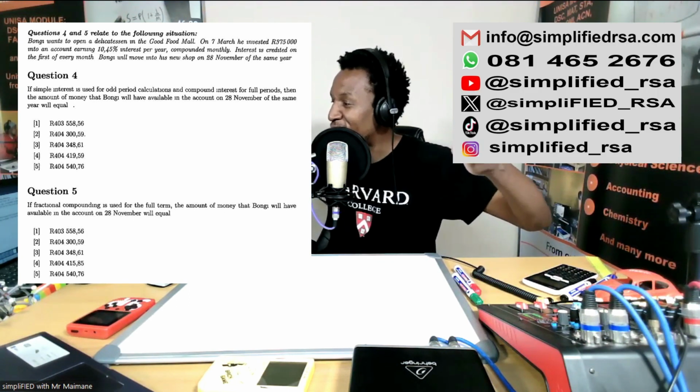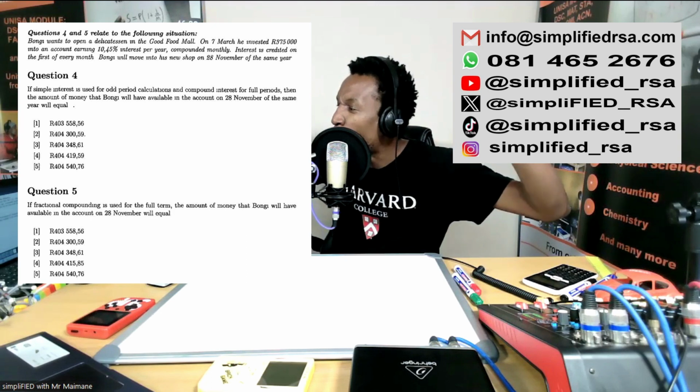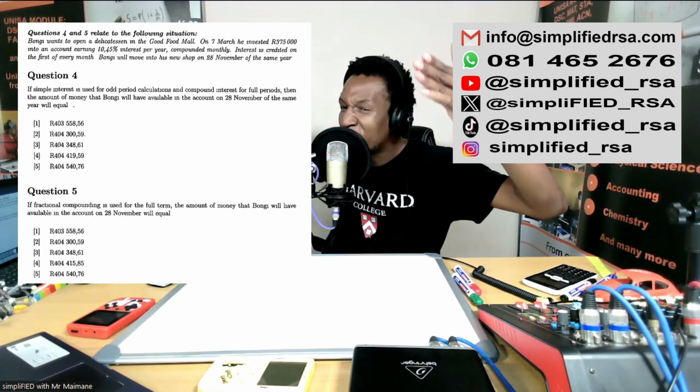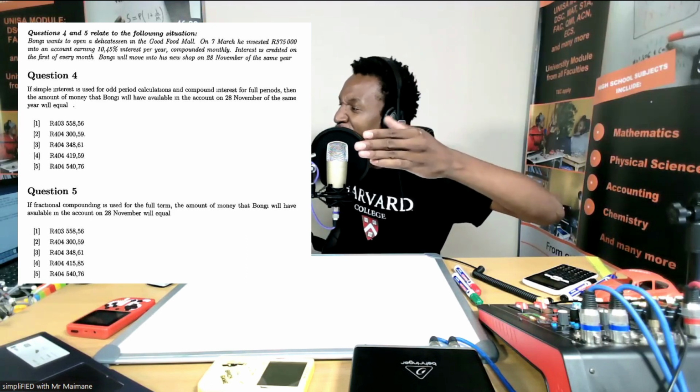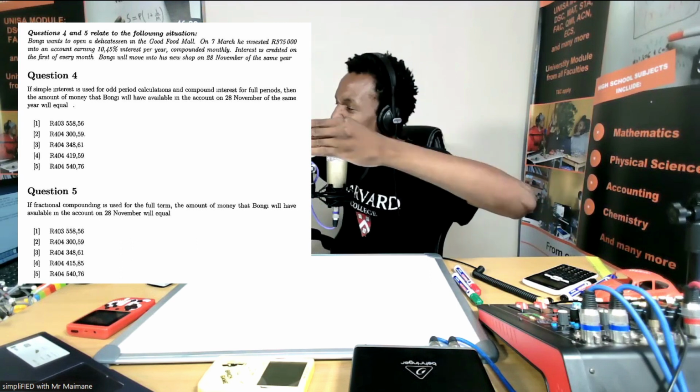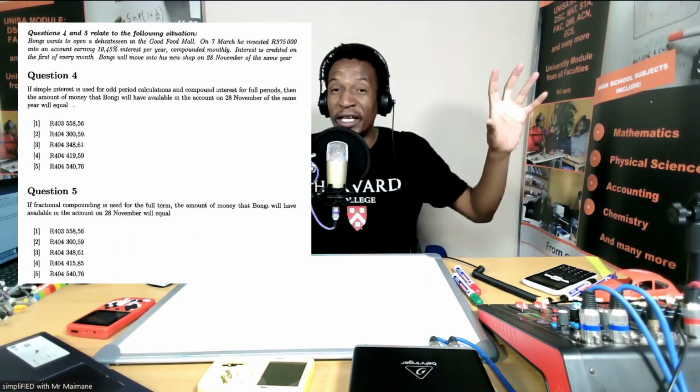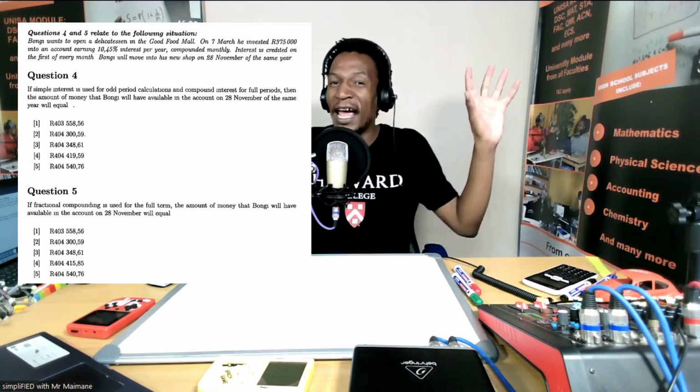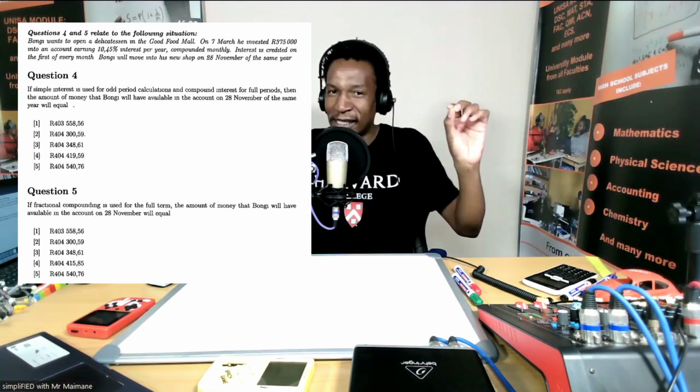They want to know how much that money is going to be if we use simple interest to calculate the odd period, and then we use compound interest to calculate the full period, meaning we have odd periods and full period. How does this thing work?